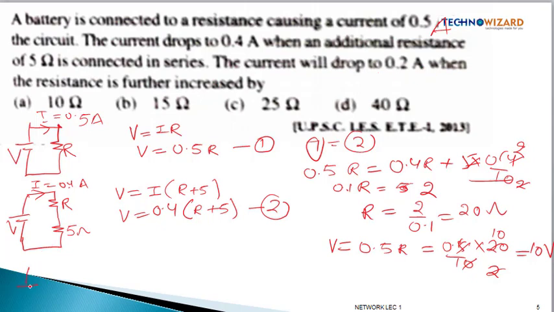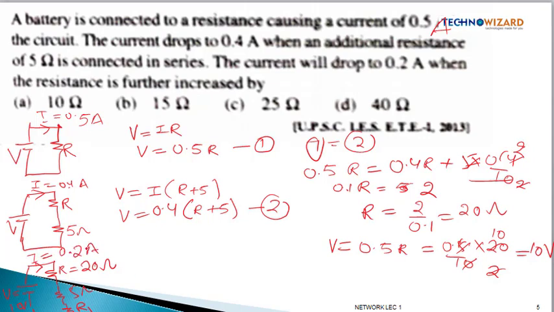Okay, so we have already calculated the value of resistance as 20 ohm, voltage is 10 volt, and already 5 ohm resistance is there. So we have to add some extra resistance, I'm denoting it with R1. So we have to find out the value of R1 so that the current will drop to 0.2 ampere.